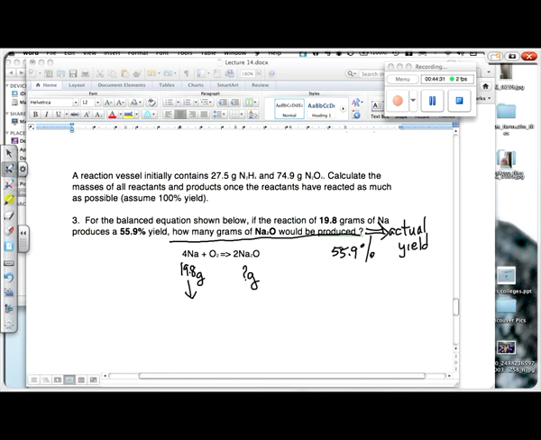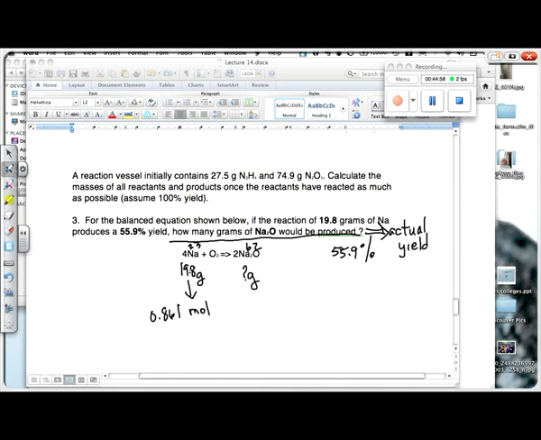Convert this to moles. All right, sodium is 23, and Na2O weighs 62. Okay, 19.8 divided by the 23, and I get 0.861 moles of the sodium.